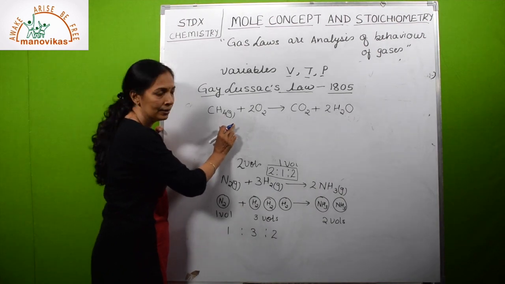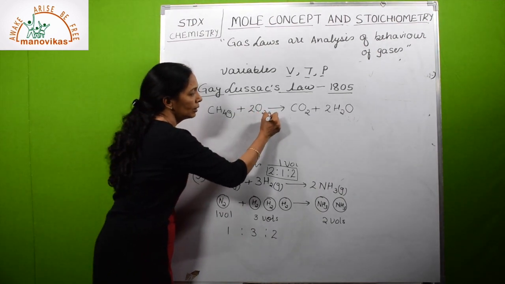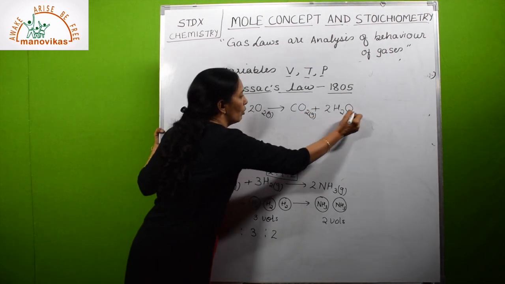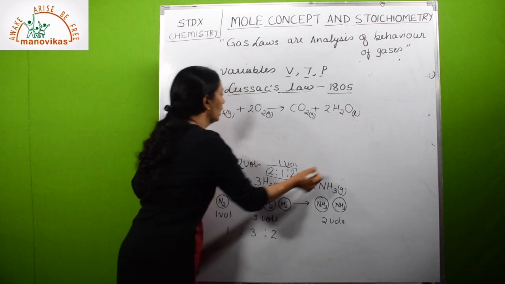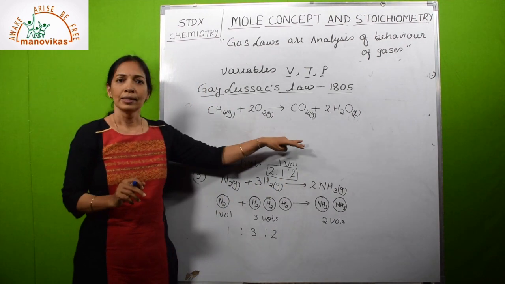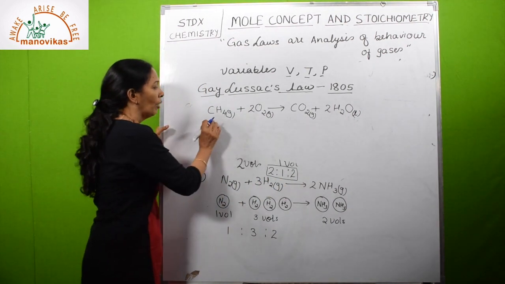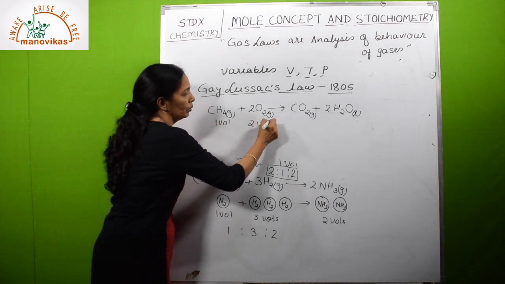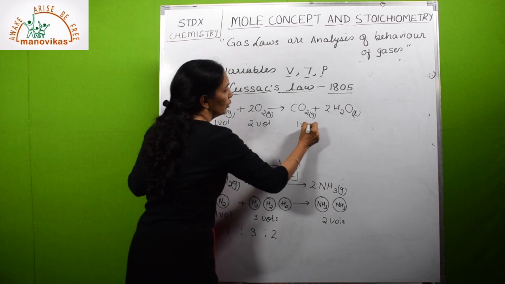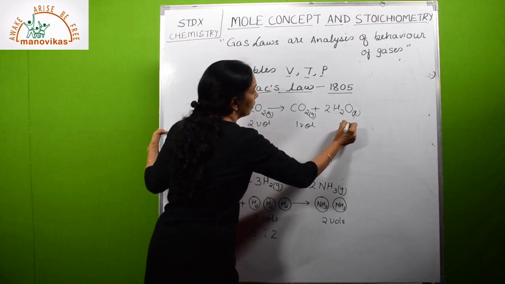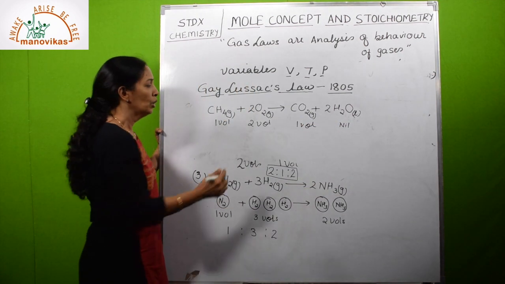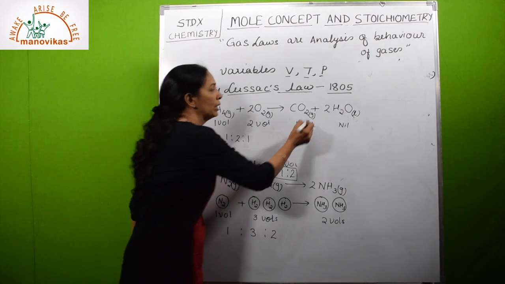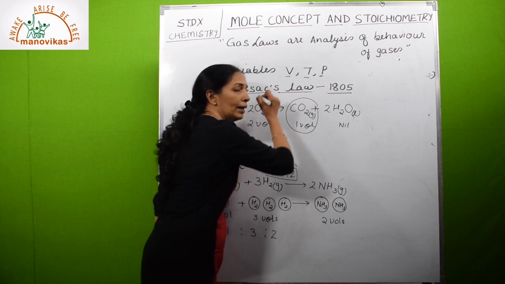Methane is a gas, oxygen is gas, carbon dioxide is gas. Now here water is in liquid state. If it is like this, then 1 volume, 2 volumes, and 1 volume, and here it is not applicable. This is nil, you don't have to write. So what is the ratio? 1:2:1. So it is applicable only on the gaseous product.